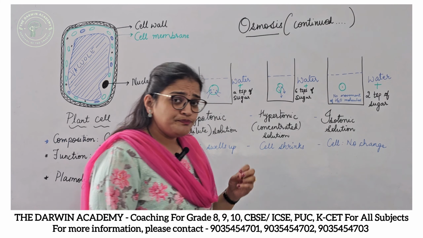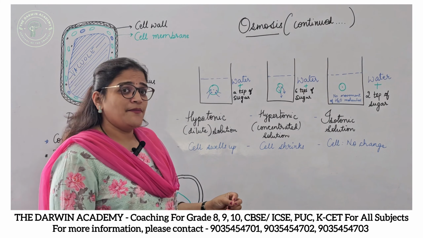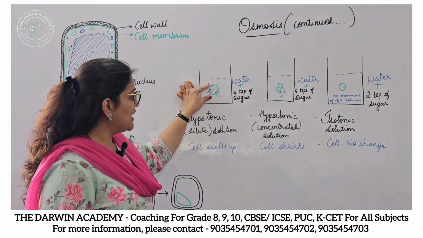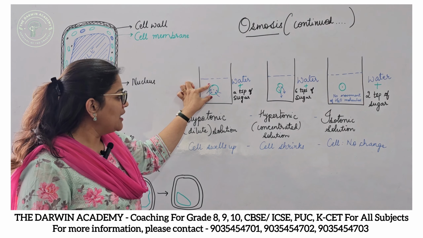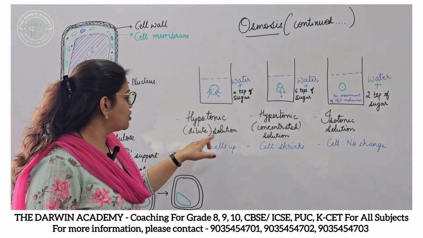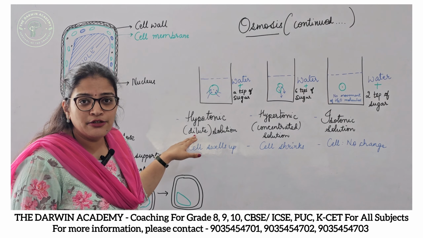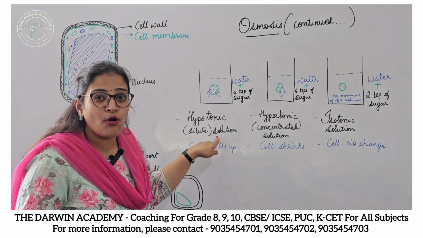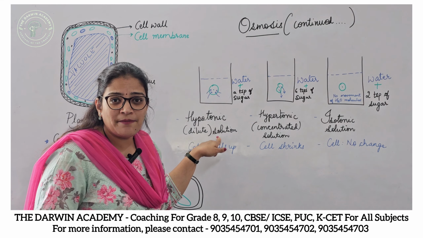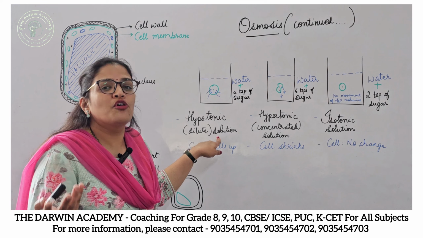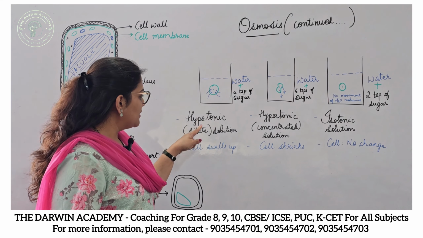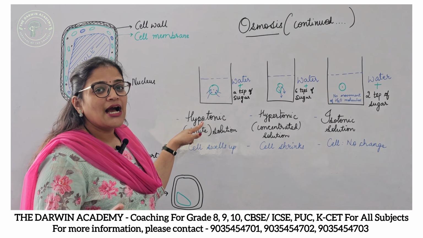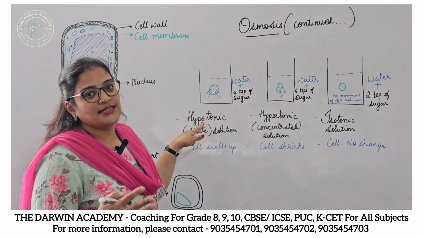Now if I place a cell into a solution which is dilute, this dilute solution has more water. Do you agree with me? A dilute solution will have more water, isn't it? So this solution is also called a hypotonic solution.